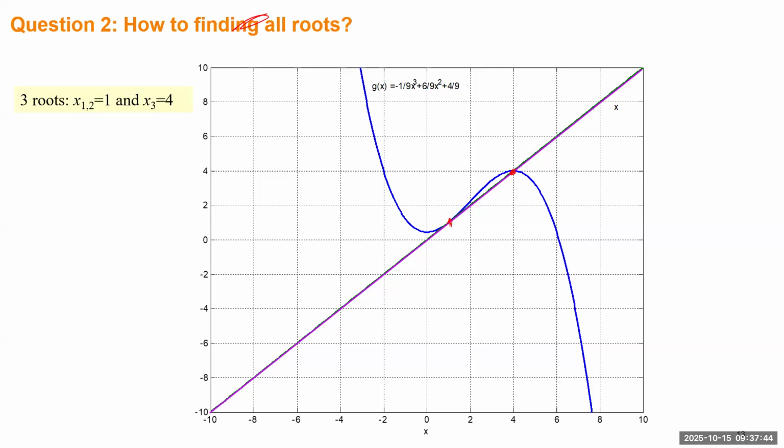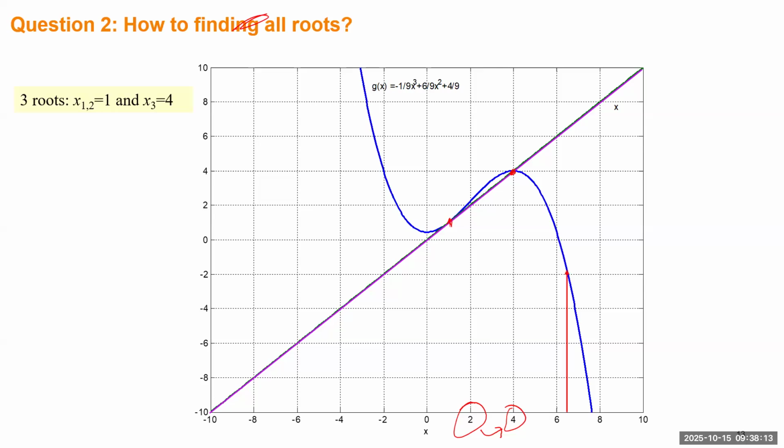Another one is a tangent point, which corresponds to 2 equal roots at 1.0. By starting the iteration at 2.0, we were able to find the root at 4.0, but it doesn't find the other root at 1.0. So how do we find the other 2 roots?